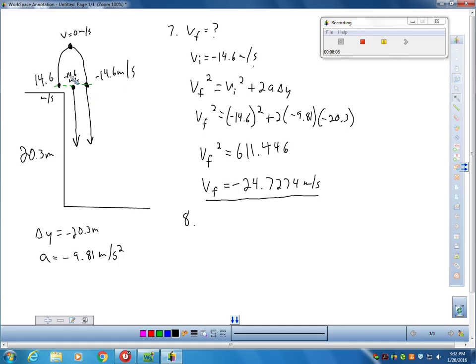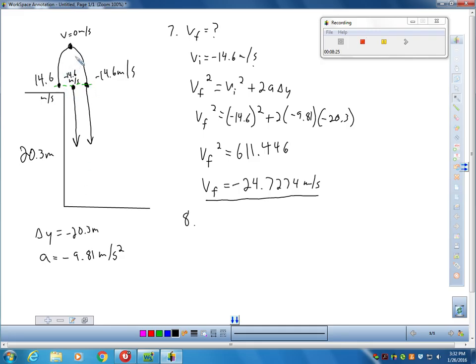Oh, now wait, that's exactly the same as what this one was. So at this point, these two balls are both going to make identical trips downward for the rest of the time. They're not going to make the trip at the same time, because this one got started right away and this one made a little detour when it went up.